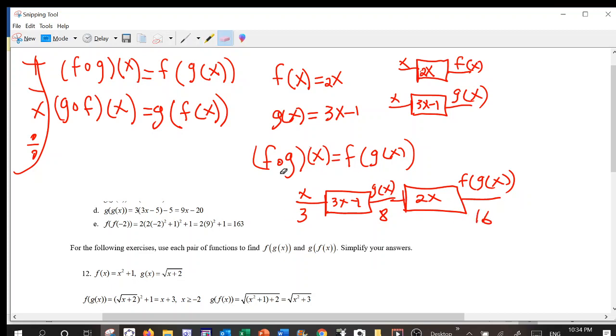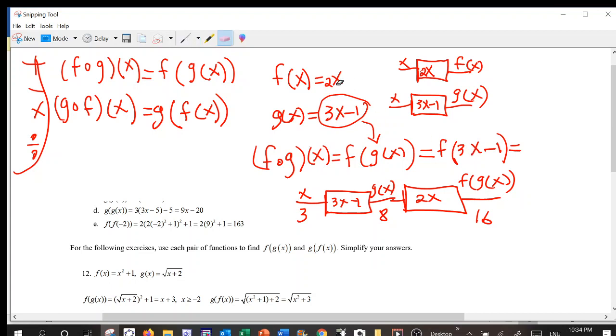So f compose g of x is f of g of x, and the way we do it is, here is f, we take g of x, so this is g of x, right here. So we take this and put it here for g of x. So that would be f of 3x minus 1, and we know how to do f of something.